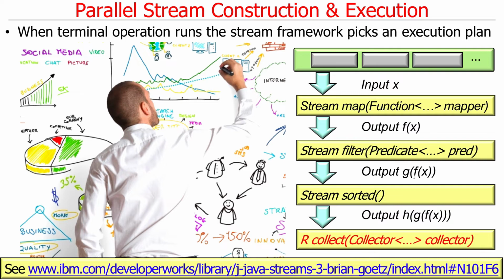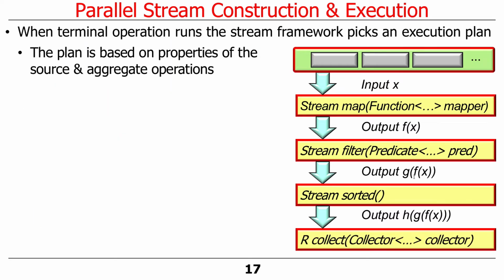And what it does is it picks an execution plan and runs everything. And this execution plan is actually quite interesting. So the plan that's used to decide how to run the stream is based on the properties of the source, like is it sorted, is it distinct, is it ordered, and the various aggregate operations that it happens to find throughout the stream.